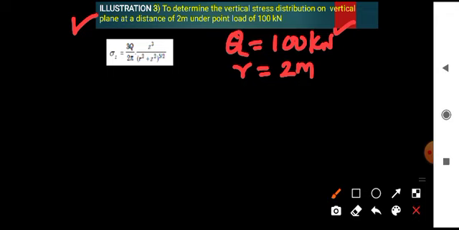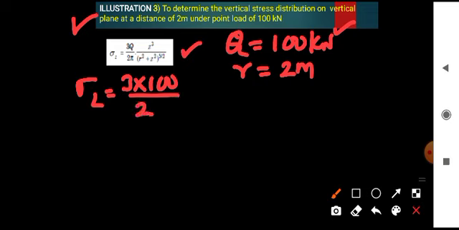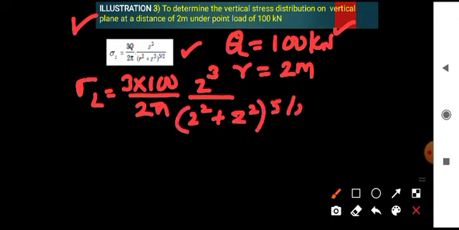So let us take these two parameters and substitute them in the standard Boussinesq equation for point load, which is sigma z equal to 3Q divided by 2 pi into z cube divided by r square plus z square to the power of 5 by 2. Now if we substitute, sigma z is equal to 3 into Q, it is 100, divided by 2 pi into z cube divided by r square, and r square is 2 square, plus z square to the power of 5 by 2.